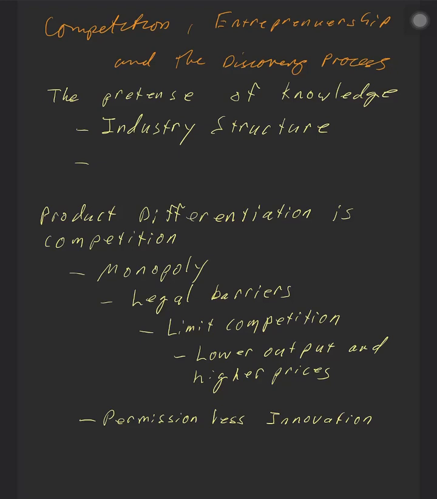So note that this has important implications for understanding monopoly. More on this later. Rather than seeing deviations from perfect competition, a firm's power over price, its size and differentiated products, as evidence of monopoly, these are actually ways in which we can see competition, right? So adding a camera to a cell phone isn't monopoly behavior to differentiate the cell phone so you can charge a different price.